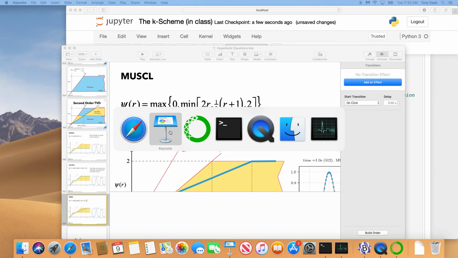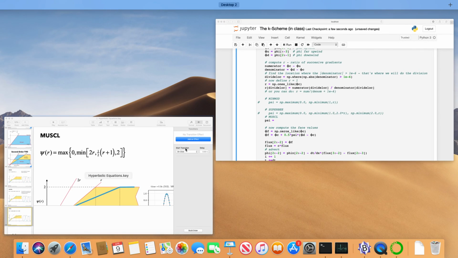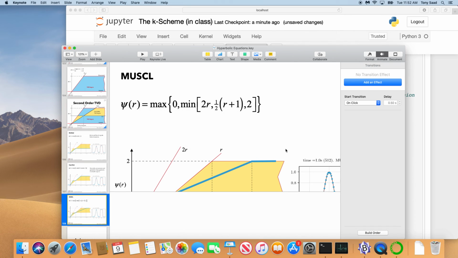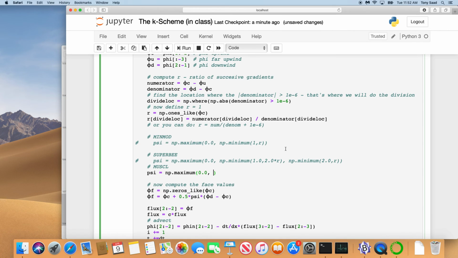So let me actually try to do it this way. It's np.maximum of 0.0 and np.minimum of 2.0 times R, 0.5 times R plus 1, and 2.0.